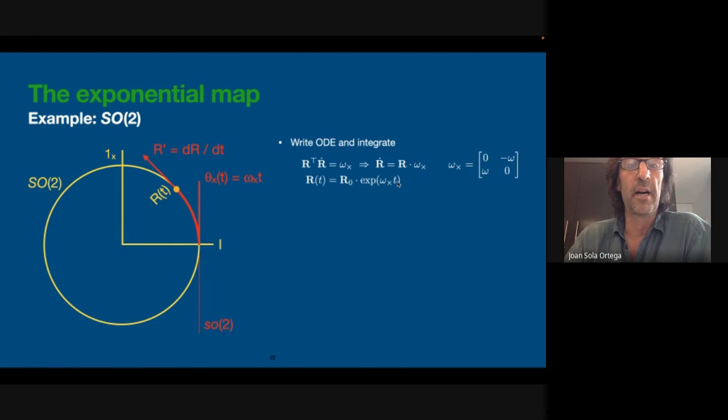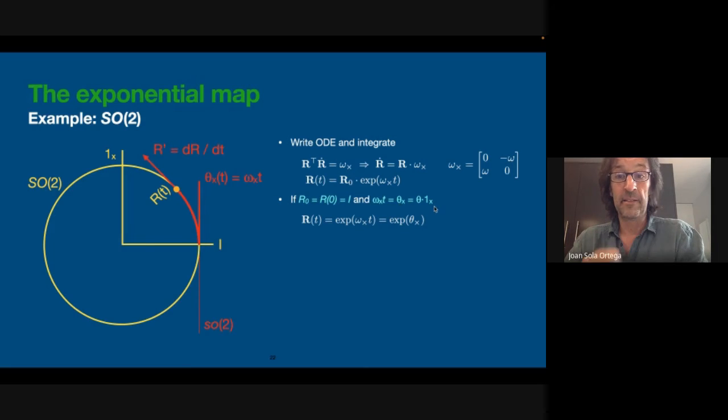Same thing, R of t is R0 times exponential of omega cross t. Up to here, no problem. Now, if R0 is the identity, it means we will start here. And omega cross t, we call it theta cross. Okay, so omega t is theta. And we get this expression: R of t is the exponential of theta cross.